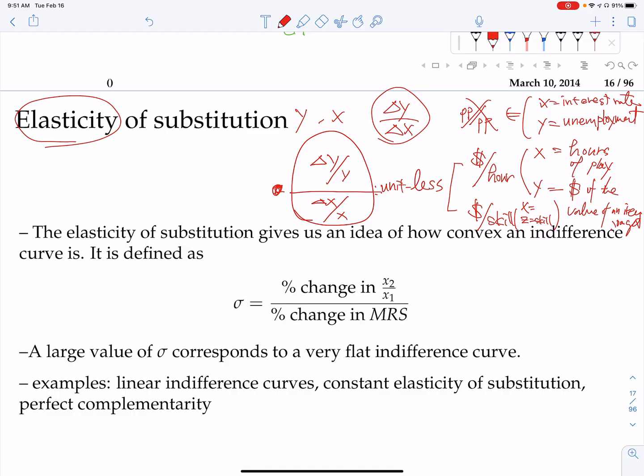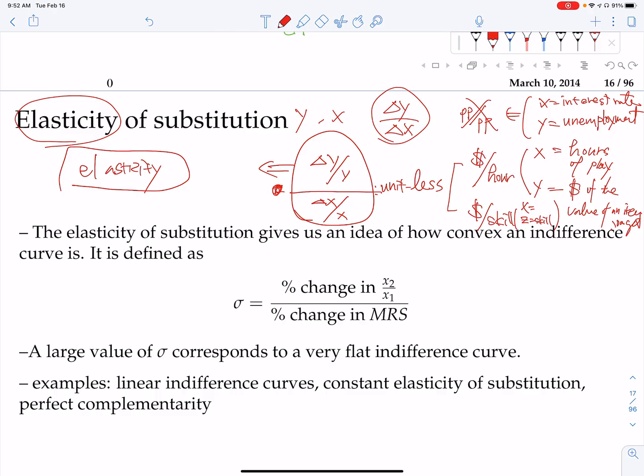So this just becomes a 2, right? Without unit. So in general, this is called the elasticity.